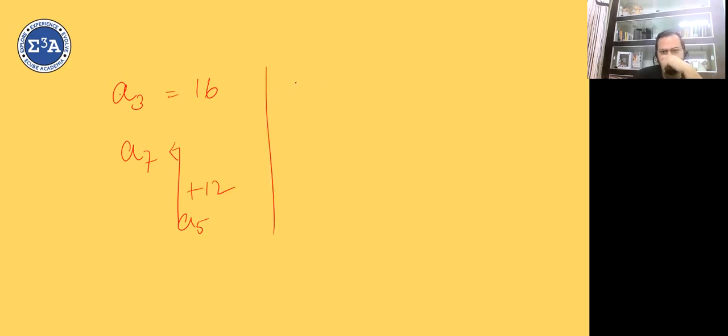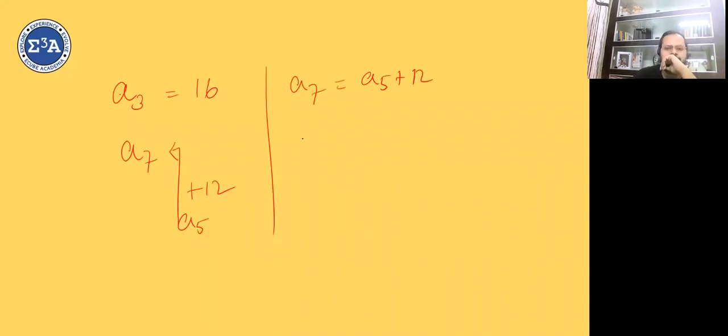So the next question: determine the AP whose third term is 16 and whose seventh term exceeds, meaning is more than, the fifth term by 12. So determine the AP. Okay, we have been given A7 is equal to A5 plus 12.